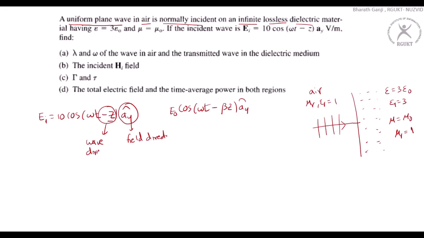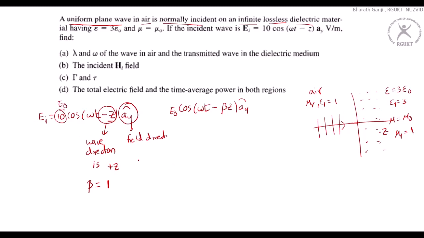The wave direction is positive z, so the wave is going along the positive z axis, and I can see that beta is equal to 1, and the magnitude of the electric field E naught is 10.